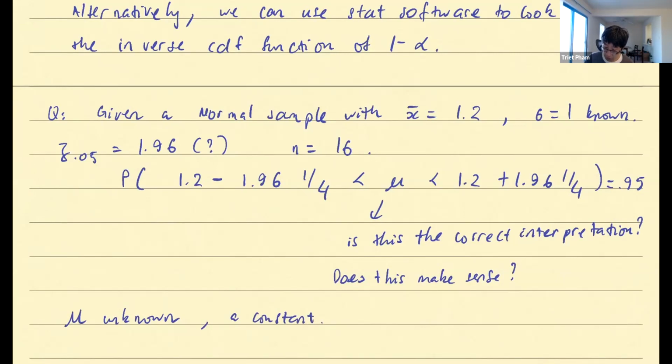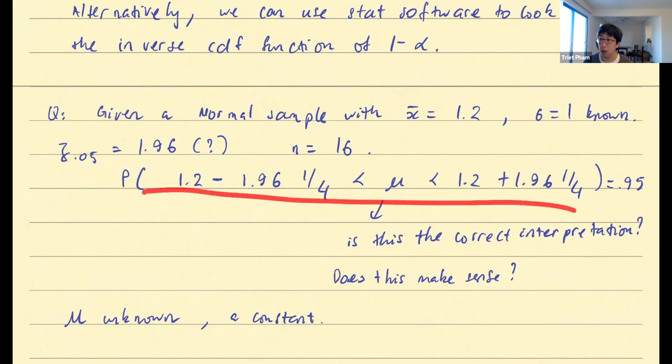So if this is a constant, then it's either between these two numbers, or it's not. Like if mu equals 0, then it's in there. But if mu is like -10, then it's not in there. It's either or. How come this is a probability?